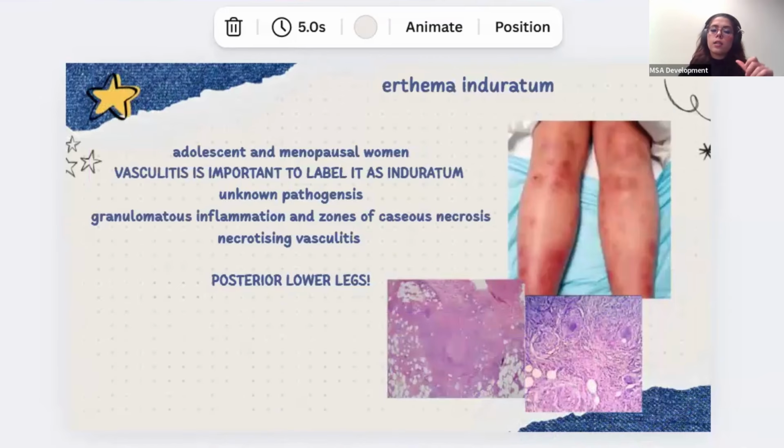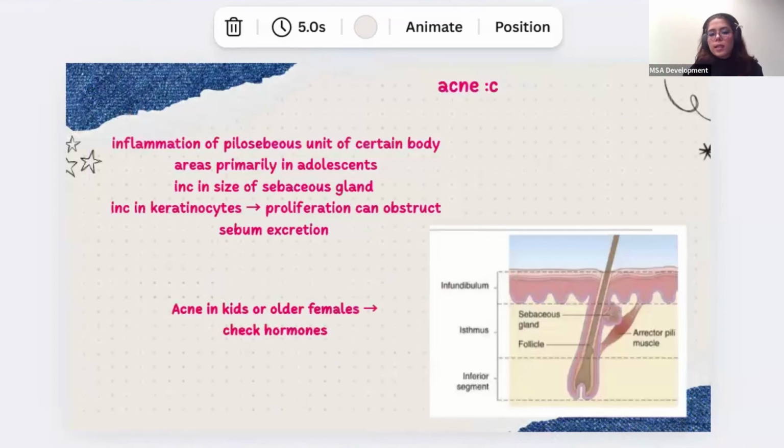This one, on the other hand, has vasculitis and is in the posterior lower legs. And there's granulomatous inflammation and zones of caseous necrosis, and necrotizing vasculitis.